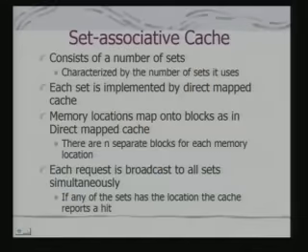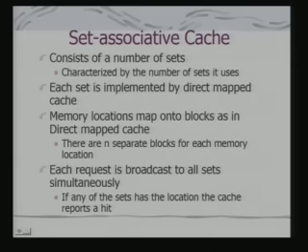And each set is implemented by the direct mapped cache mechanism that we have so far discussed. So, memory locations map onto blocks as in a direct mapped cache, and there are n separate blocks for each memory location. Since there are multiple cache sets, a memory location now gets mapped onto n different blocks.